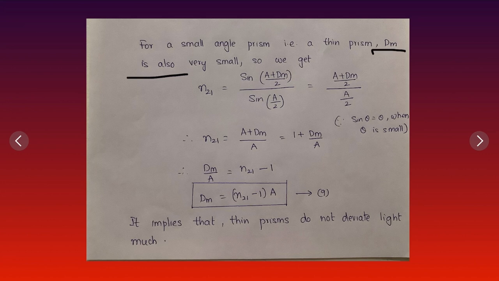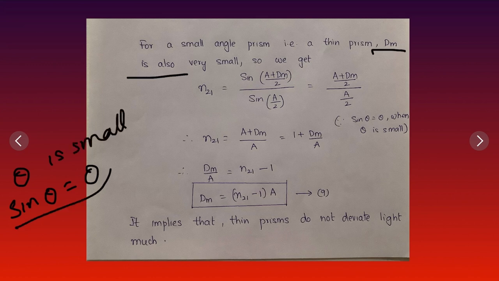When Dm is also small, we can write this equation as sin (A plus Dm) by 2 by sin A by 2. But when theta is small, we can write sin theta is equal to theta. In trigonometry, when theta is small, sin theta is equal to theta. That is what we are applying because A is small and Dm is also small.